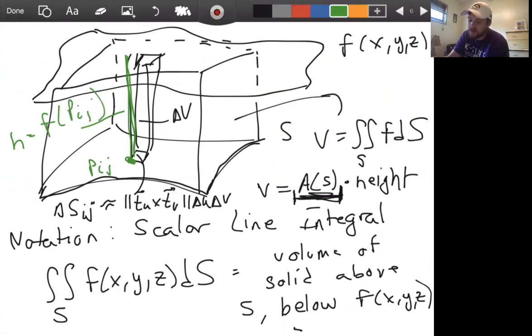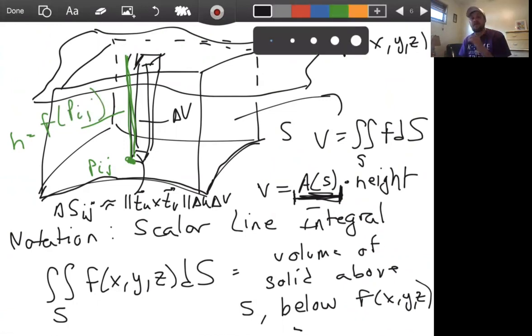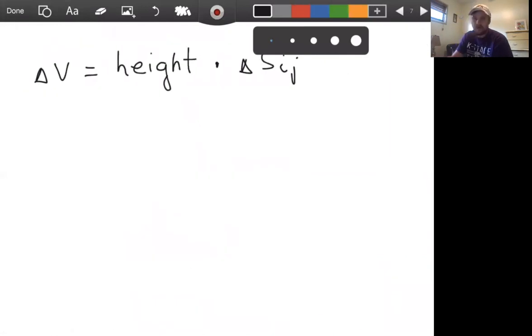This gives us an approximation for the height, and this gives us an approximation for every sub-prism or sub-solid here, right?